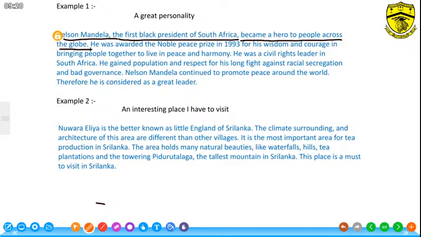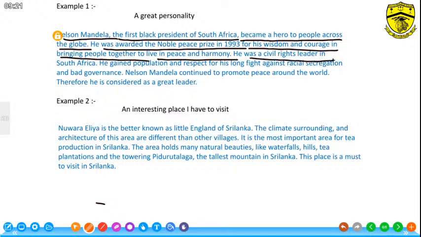Then the other sentences support his work. These are the sentences, and harmony. And he was a civil rights leader in South Africa.